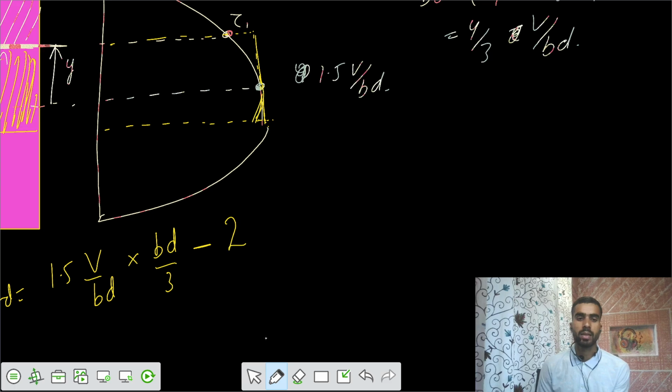These are 2 spindles, and the area of each spindle equals 1 by 3 for the depth of d by 6, this part is d by 6.